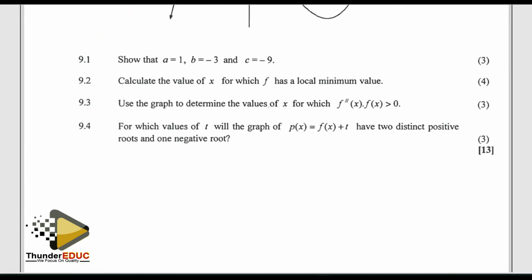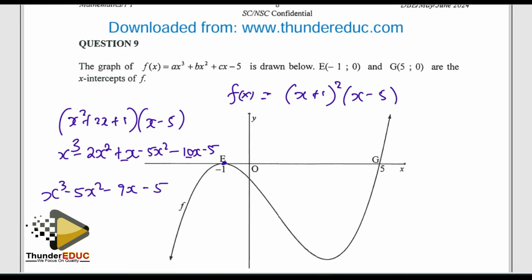When I compare it with the original that was given, which was ax cubed plus bx squared plus cx minus 5, we can see that a is 1, b is -5, and then c is -9. The d automatically came out.